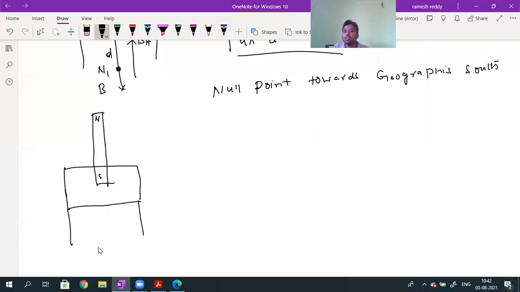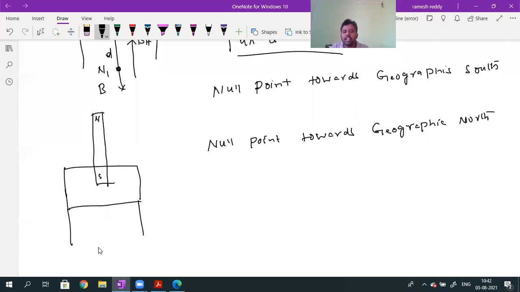The null point will be towards the geographic north. Reverse. The null point will be obtained towards the geographic north. Okay? So the south pole we consider, the north pole we consider.